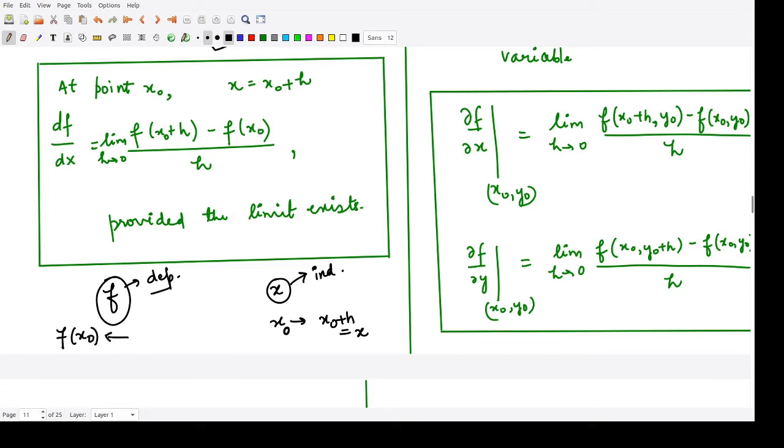So f of x naught would change to f of x naught plus h, or you could call this to be f of x. So what is the difference between this f of x naught and f of x whenever you change this x naught to x? So that is what we are seeing. What is the difference between these 2 points?